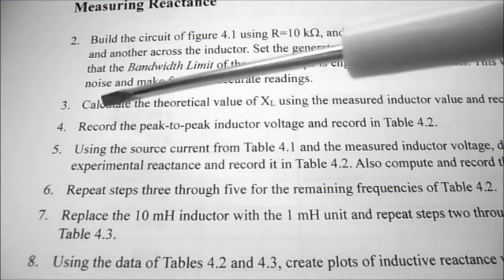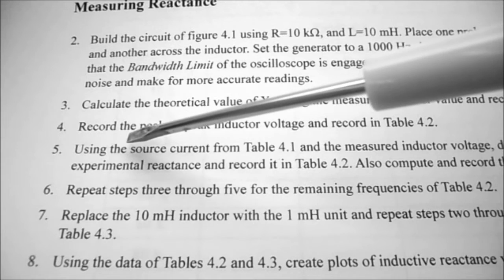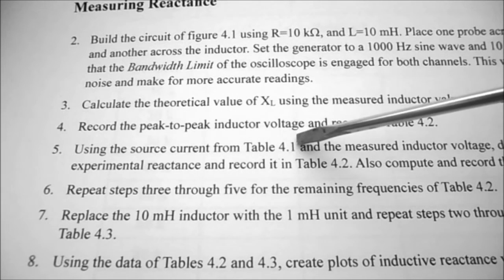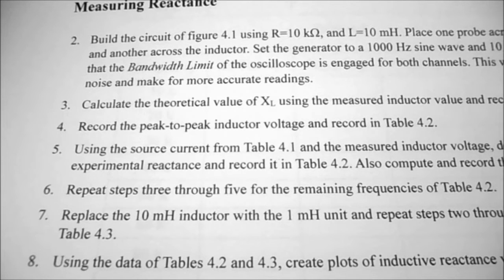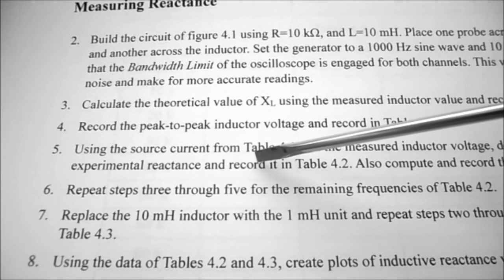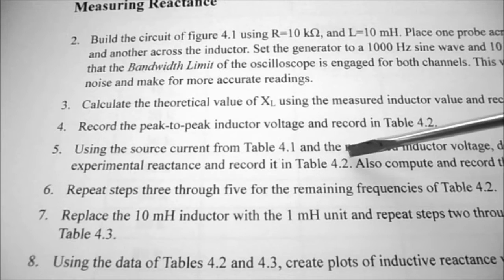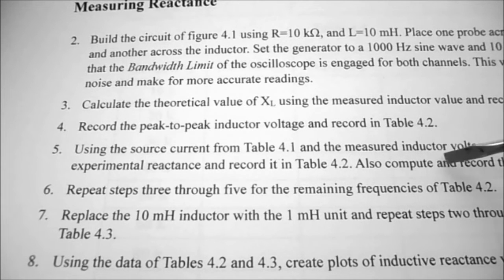Under procedure, step number 5, we're using the source current from table 4.1 and the measured inductor voltage to determine the experimental reactance and record it in table 4.2. We're also going to compute and record the deviation.